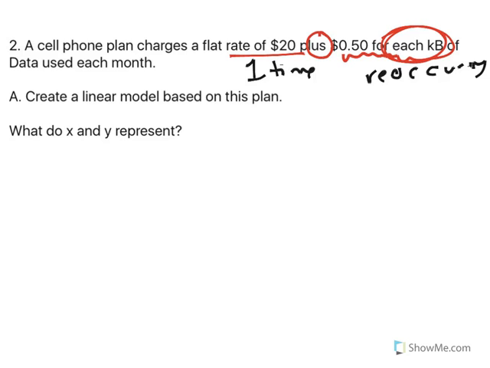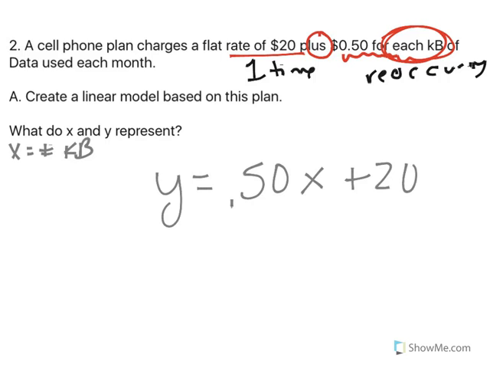Well, I know it starts with Y equals, your slope is reoccurring, it happens all the time, and therefore my 50 cents per kilobyte. So X represents the number of kilobytes, plus your one-time flat rate of $20. Y represents your total cost.